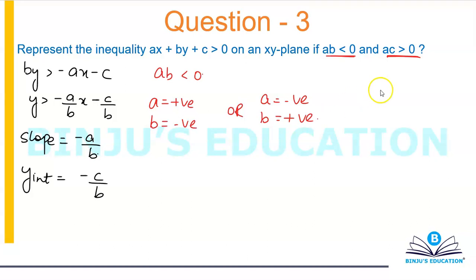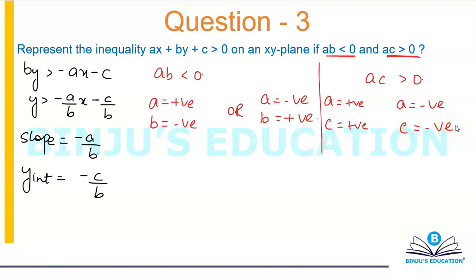Now the second inequality says that AC is greater than 0. If AC is greater than 0, then either both of them are positive or both of them are negative. So A is positive, C is also positive. A is negative, C is also negative.